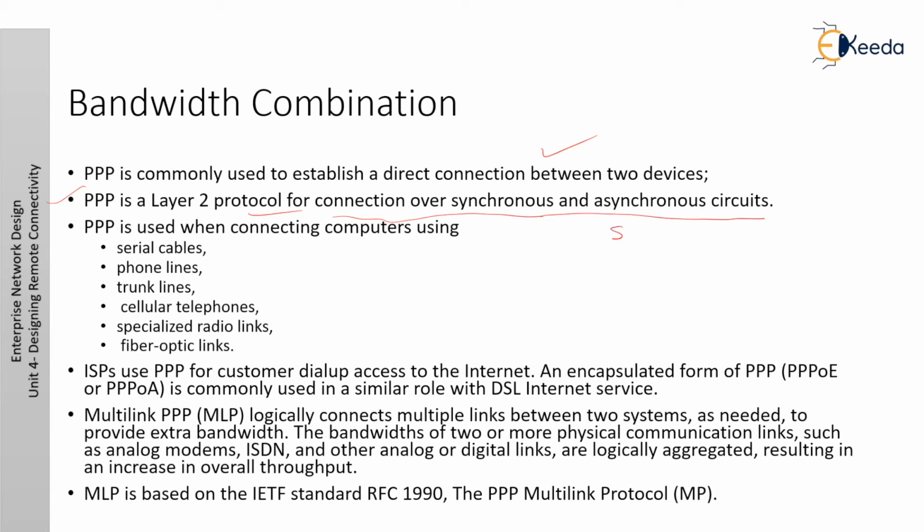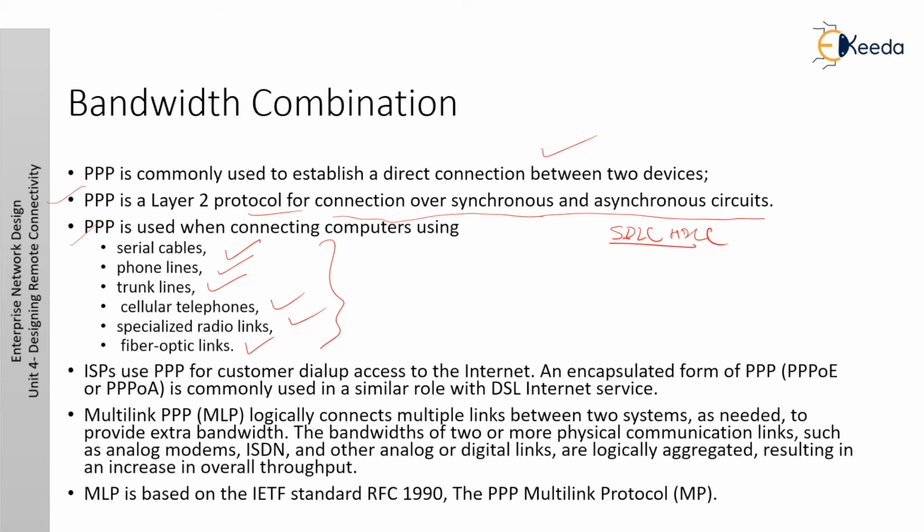There is the concept of SDLC and HDLC. Point-to-point protocol is used when connecting computers using serial cable, phone lines, trunk lines, cellular telephones, specialized radio links, or fiber optic links. So all these things involve the point-to-point protocol.